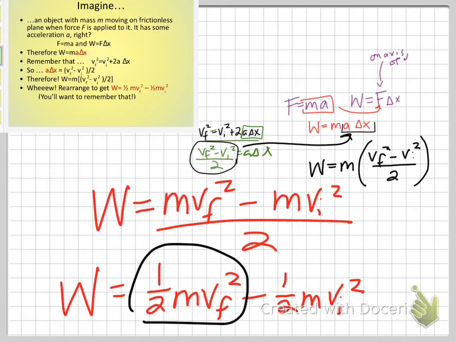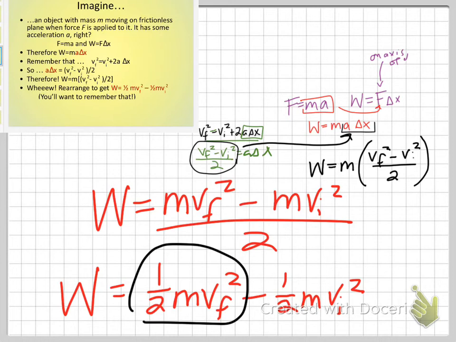What does it look like? Talk at your table. That's weird. KE equals 1/2 mass velocity squared?